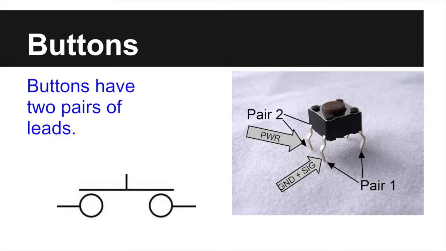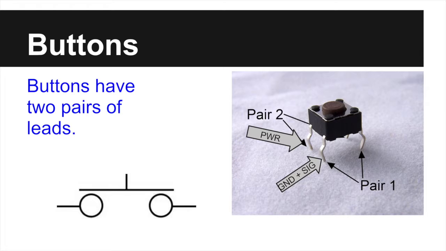Well, what I want you to do is take a look at that button on the left, the lower left-hand corner, and you'll notice that one side is completely unattached from the other side, unless that button is pressed down. When that button is pressed down, that line connects the two circles together, okay, and electricity is allowed to flow from one end to the other.